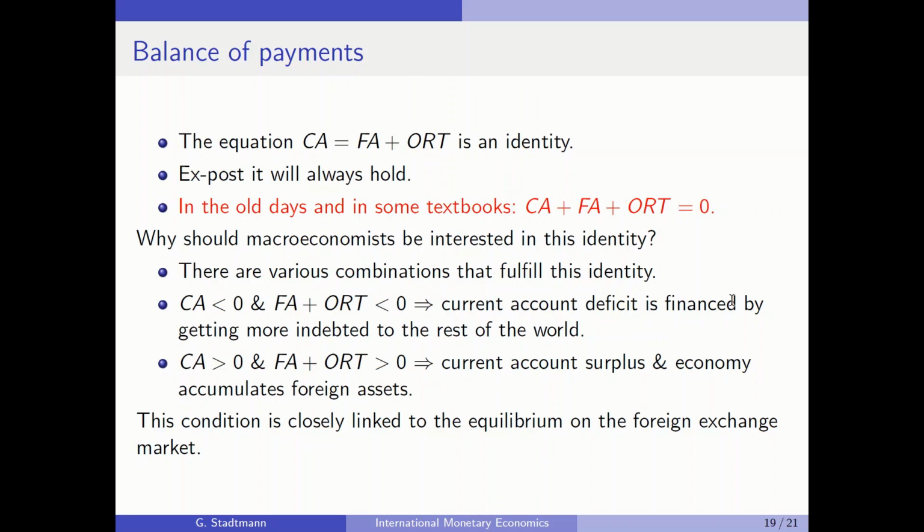The balance of payment is an identity. This implies that this relationship holds: current account balance is equal to financial account balance plus the official reserve transactions. This equation will always hold.